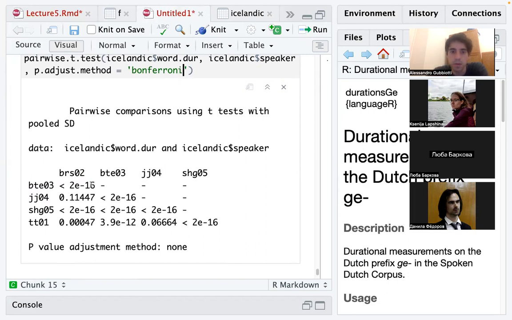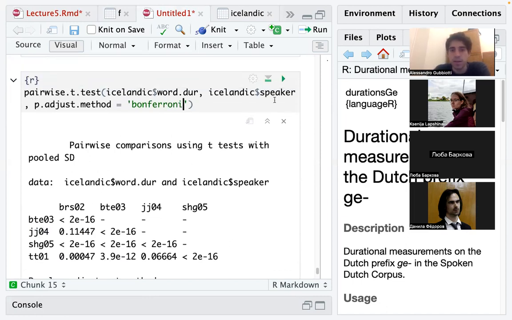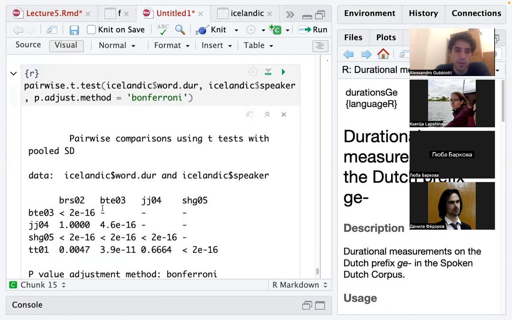What will they do? Probably they will increase since we're dividing alpha by n. Yes, exactly. That's correct. It should increase.